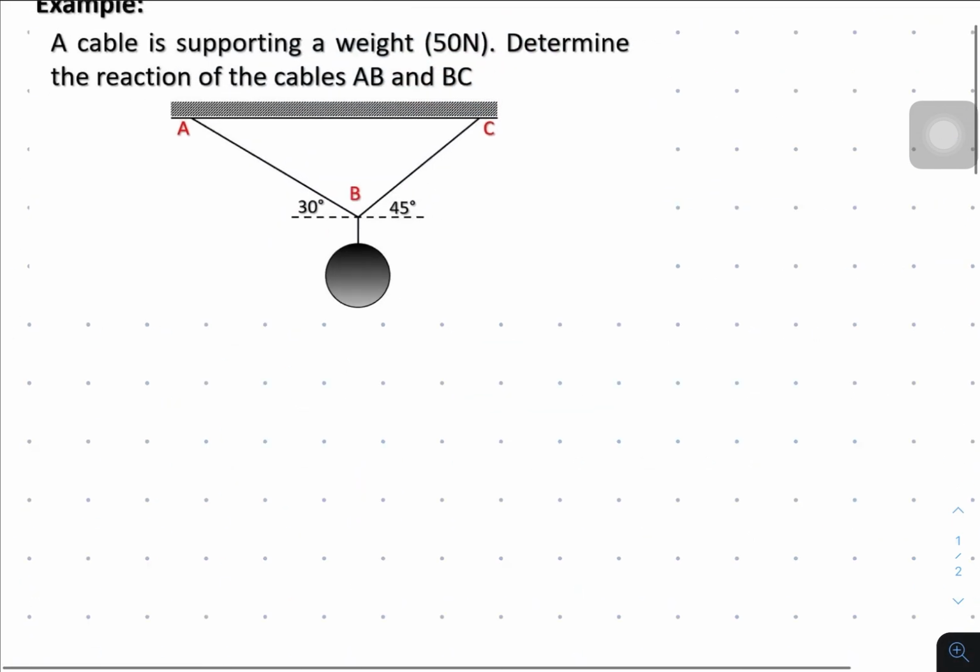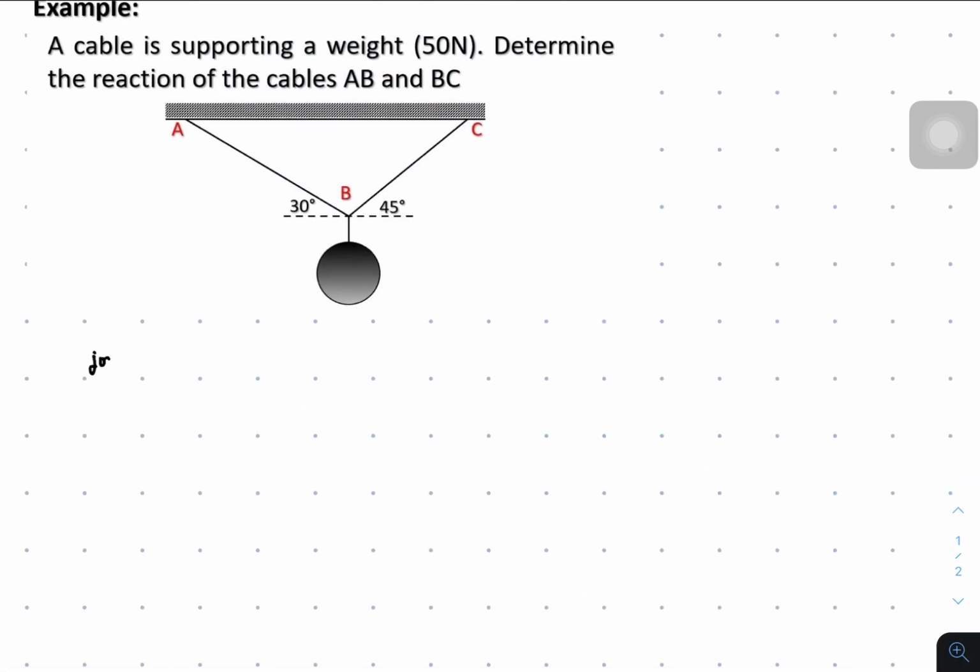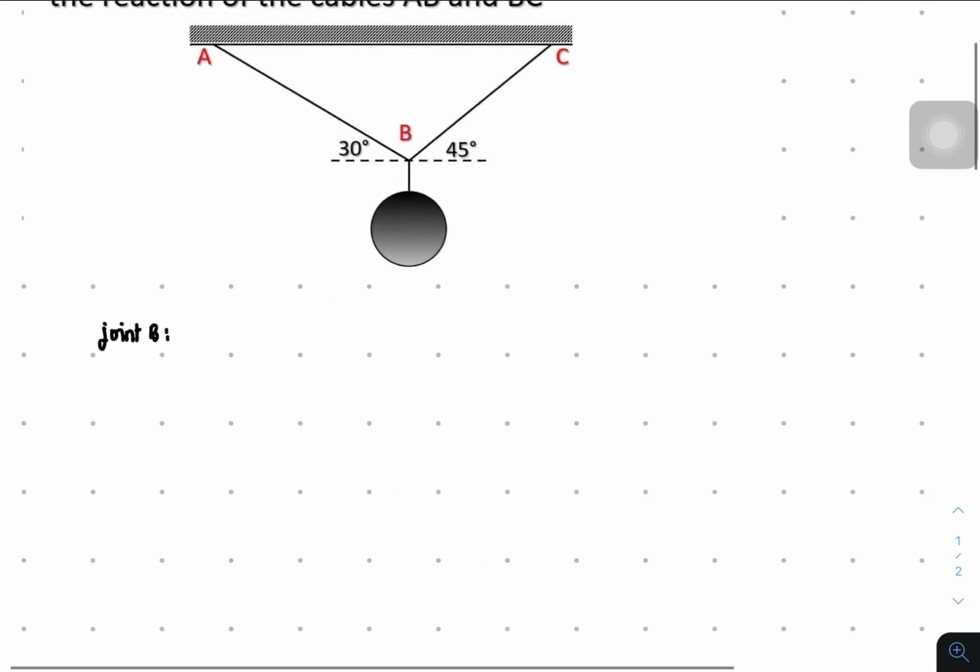So let's consider joint B. When cables are the structures being given in the problem, then we would always be considering a concurrent force system.